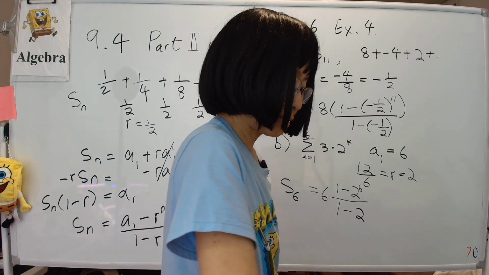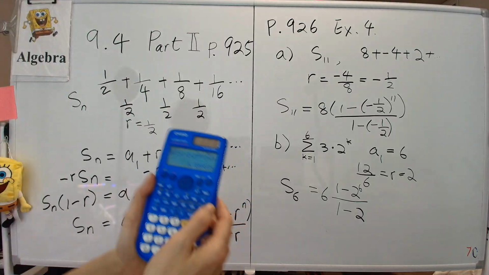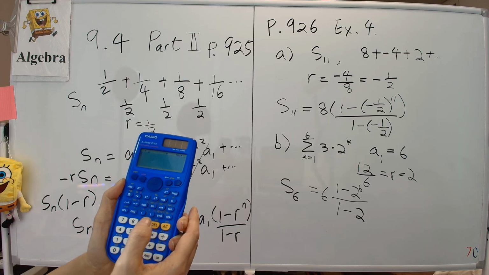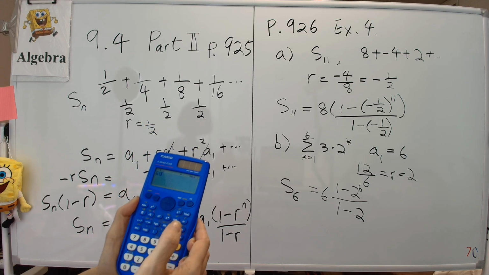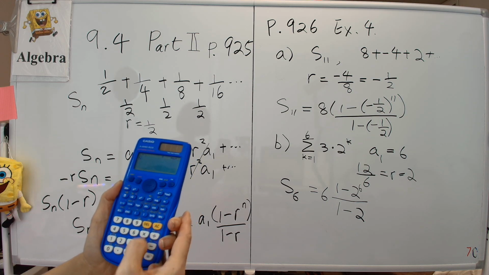So 6 times all that stuff. Let's first clear out the old stuff. A1 is 6, times, I forgot to type in times.